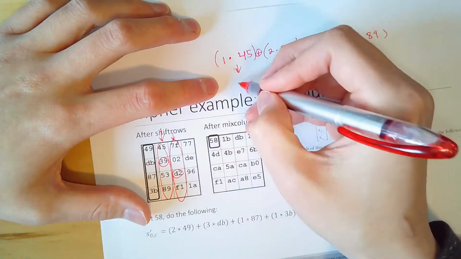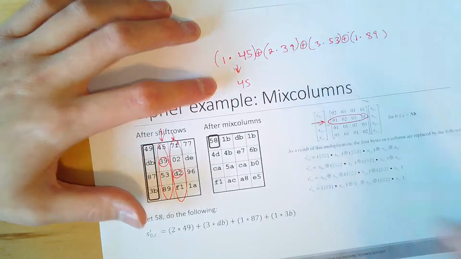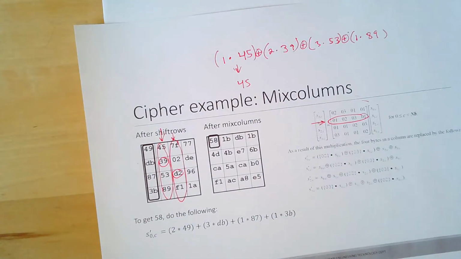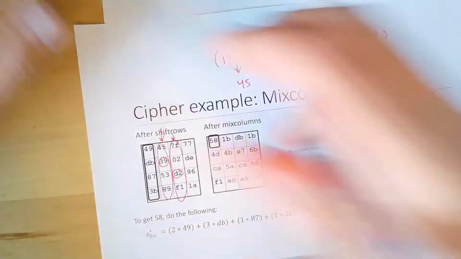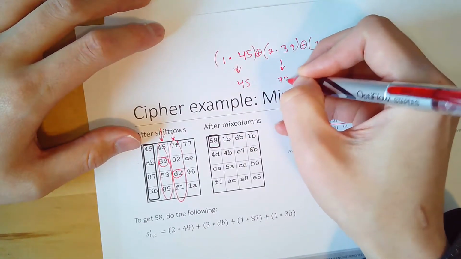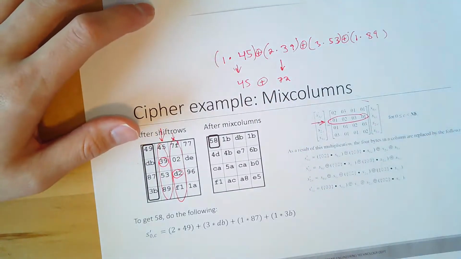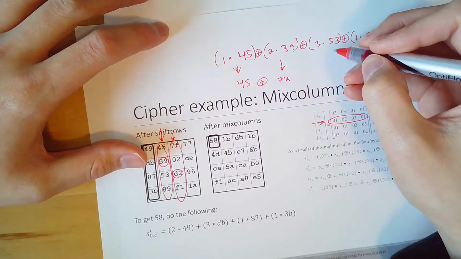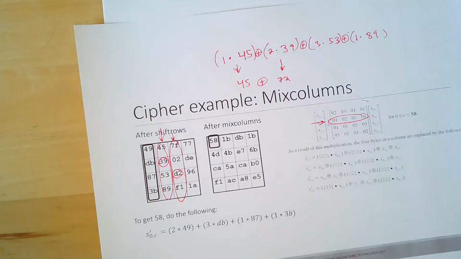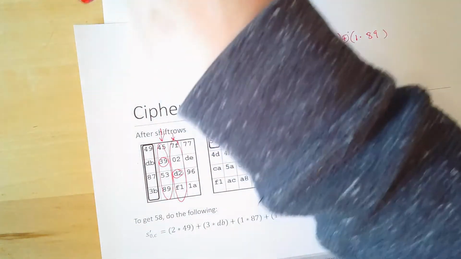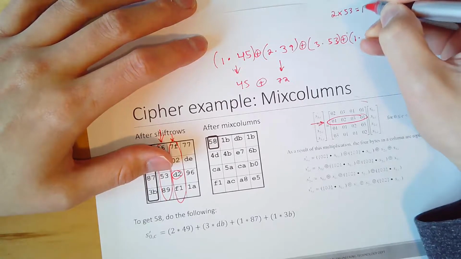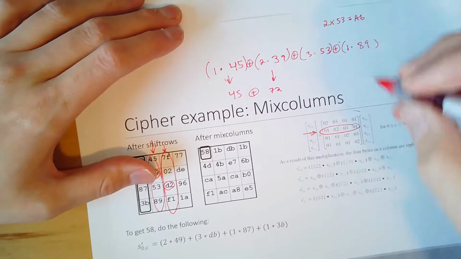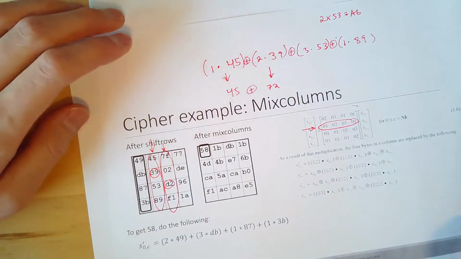1 times 45 is 45. 2 times 39 gives us 72. Okay. 3 times 53. So let's do 2 times 53, which is equal to A6. There's no carry, no overflow. So it's A6.